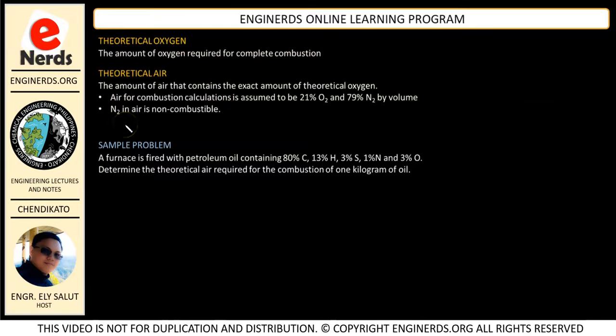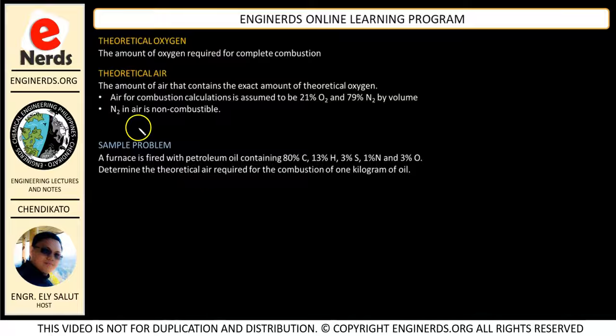And dalawa sa kailangan nating tandaan in theoretical air is that air for combustion calculation is assumed to be composed of 21% oxygen and 79% nitrogen by volume. And in our combustion reaction, makikita natin na oxygen lang ang nagte-take place, no, sa reaction. So yung ating N2 is non-combustible or they are inert dito sa ating process.